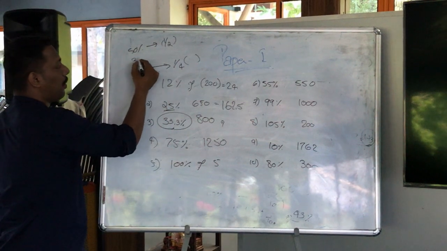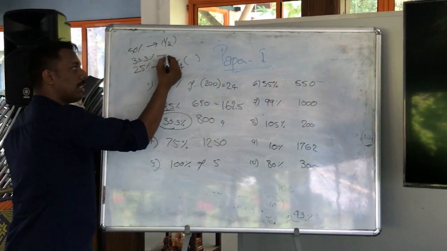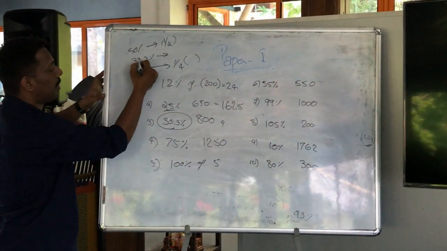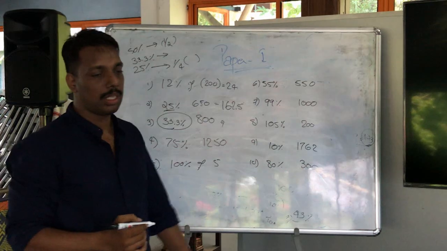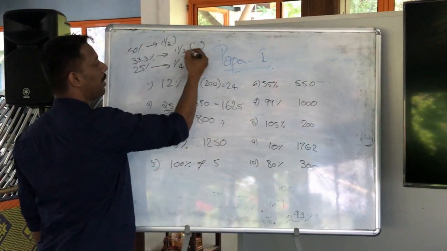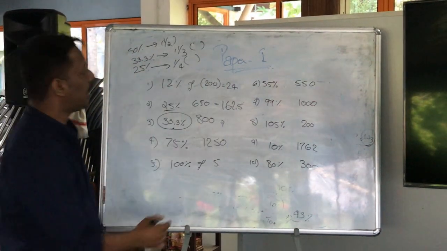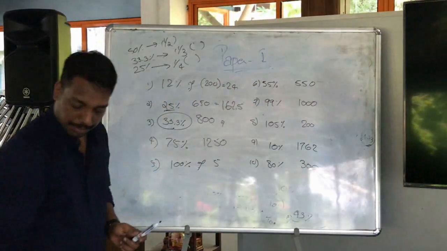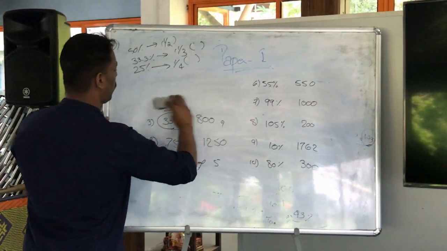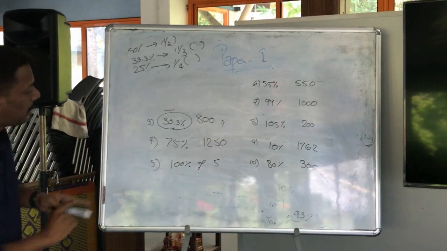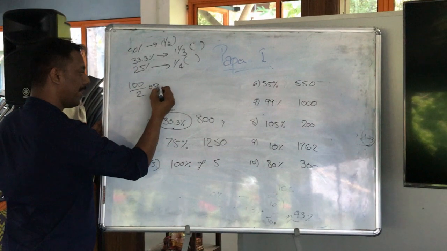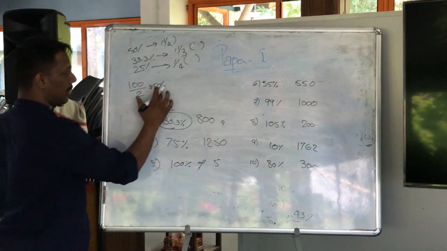Then actually, what is 33.3%? How can you divide a number in this one? 33.3, actually, is nothing but 1 by 3rd of that number. If you divide 100 into 2 parts, you will get 50 or 50%.